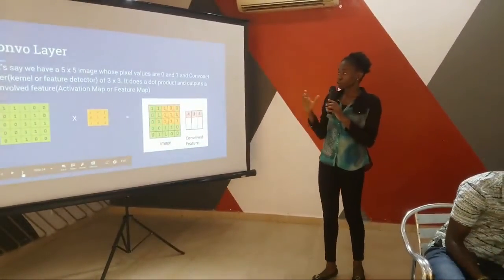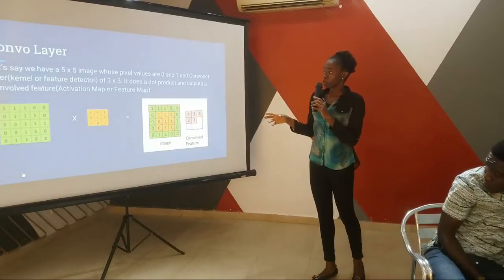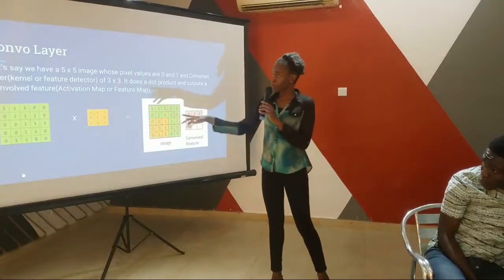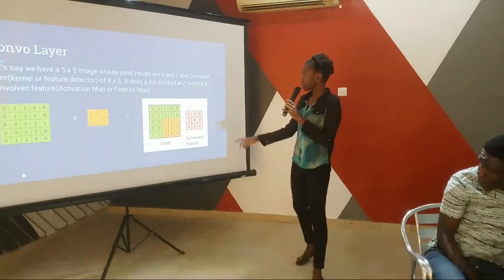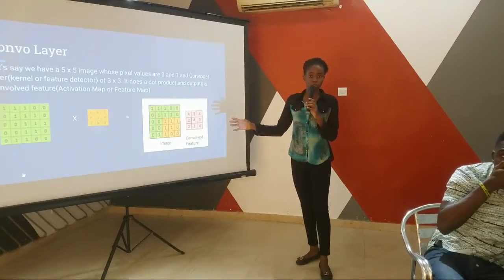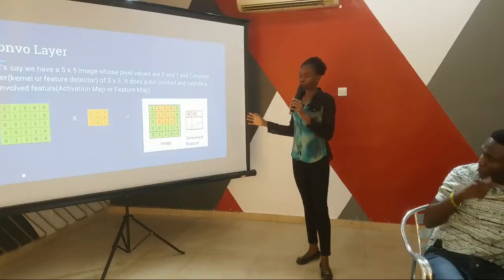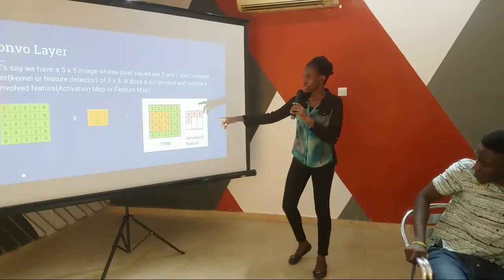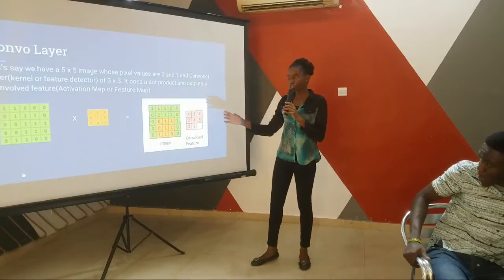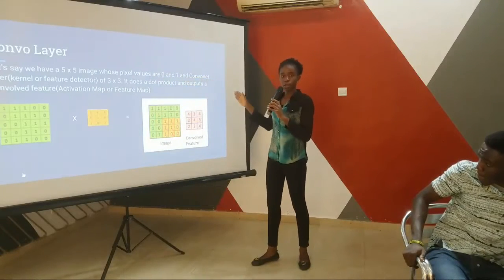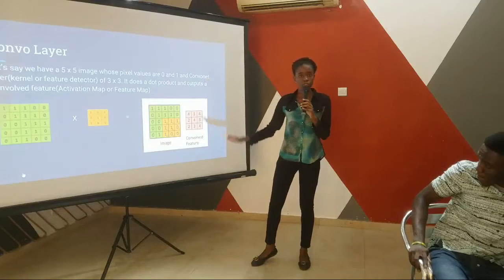Okay, this is a convolutional layer. Taking for example, we have a 5 by 5 input and a 3 by 3 filter. This is how it does the convolved feature. It takes the 3 by 3 and does a dot product, and keeps moving with a stride of 1 until it finishes the row and then goes to the columns.